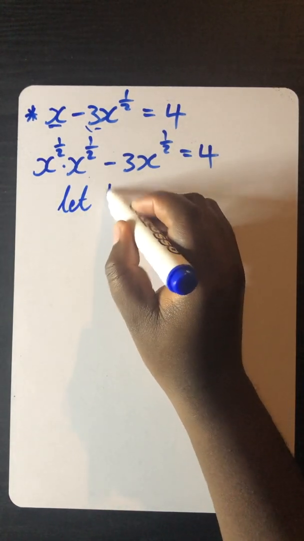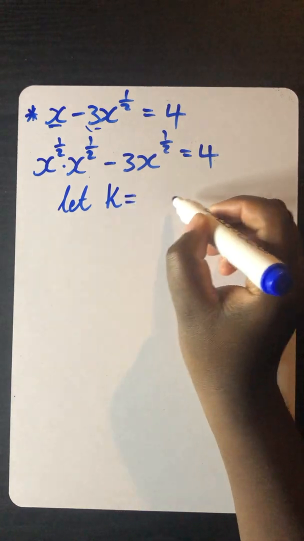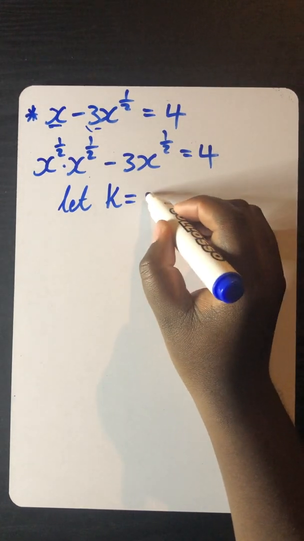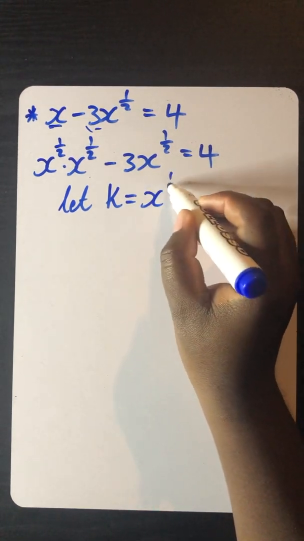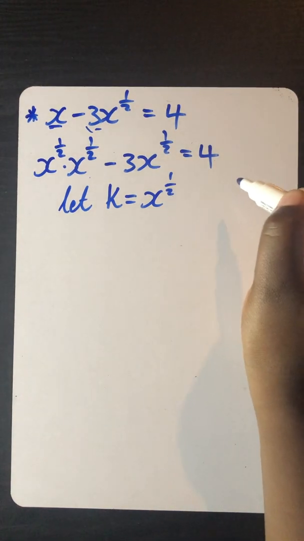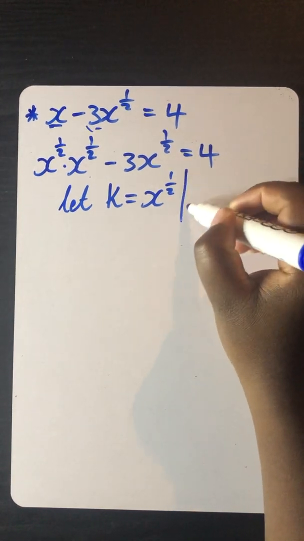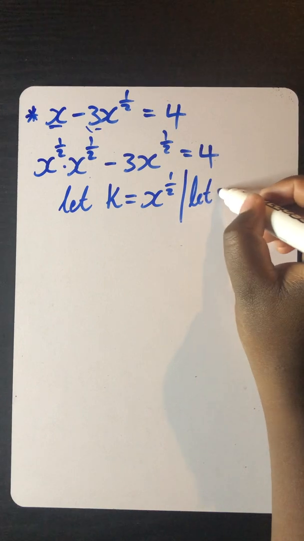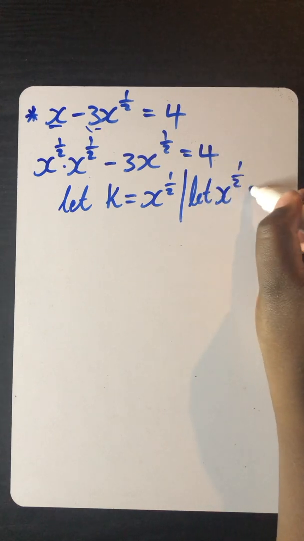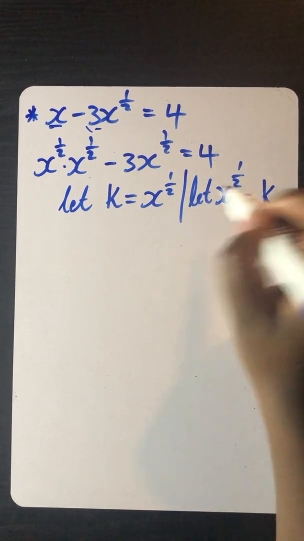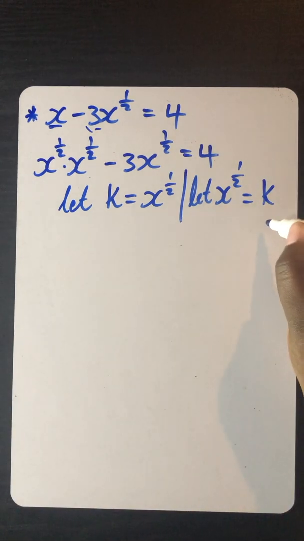So ladies and gentlemen, this is where you can say let k be equal to x to the exponent 1 over 2. Another one may say let x to the exponent 1 over 2 be referred to as k. We just choose k, ladies and gentlemen.